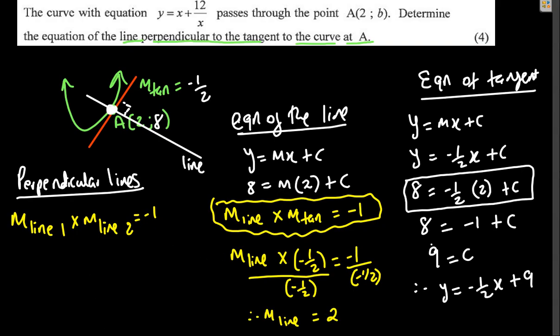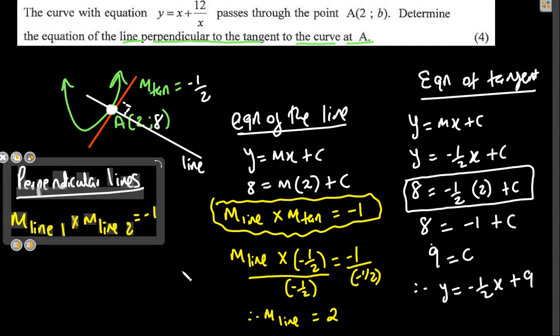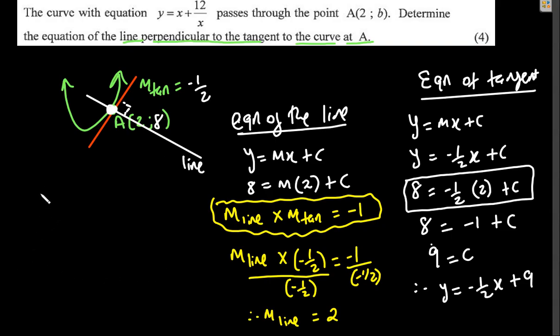So for the equation of our line, we know that y is equal to 2x plus c, because the gradient is 2.